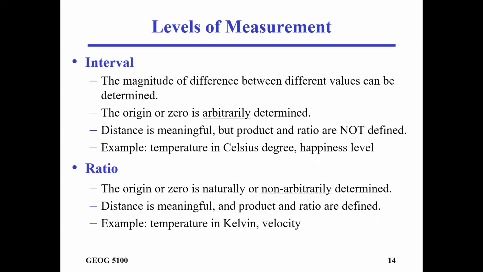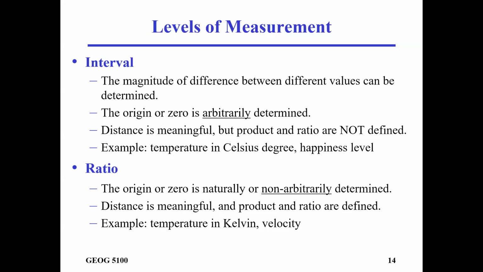But ratio is nonsense here. City A is 20 Celsius degree, city B is 10 Celsius degree. Can you say that city A is twice as hot as city B? We don't say that. When we're talking about temperature, especially in Celsius degree and Fahrenheit, difference is meaningful. Multiplication and ratio is meaningless. We don't use these values that way.